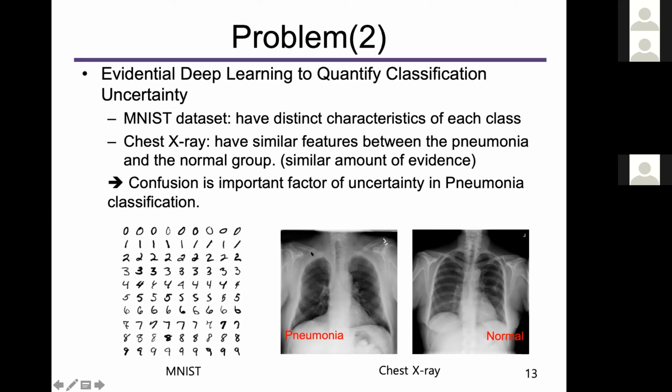Because we use just X-ray data, most of the frames of the human body look the same, and there's only a small difference in the lung area. So it's really hard for the model, and it's easy to confuse whether the data belongs to pneumonia or not.